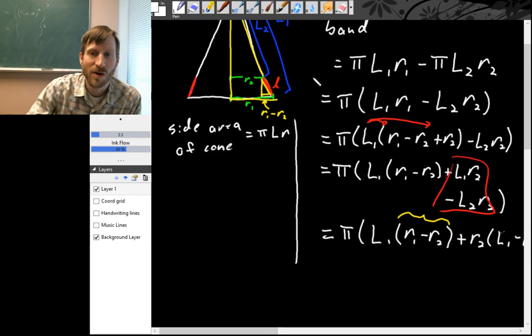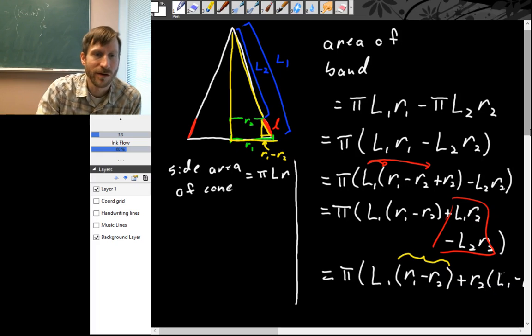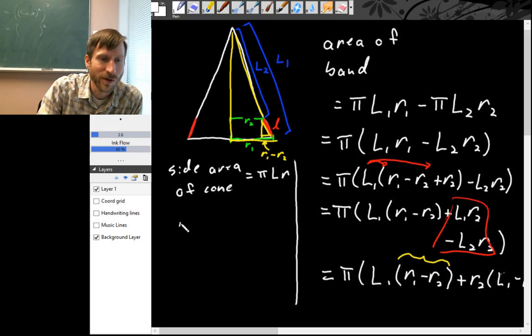So using the small triangle here, the very small triangle, I accidentally resized my brush, as I often do. There we go. Using this small triangle, the bottom side is R1 minus R2, and the diagonal side is L1 minus L2. It's also called little l, but for now let's call it L1 minus L2.